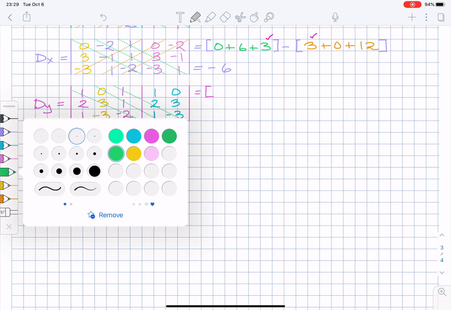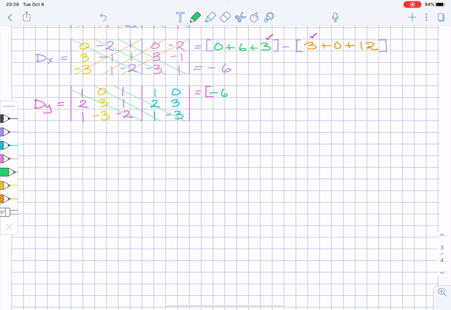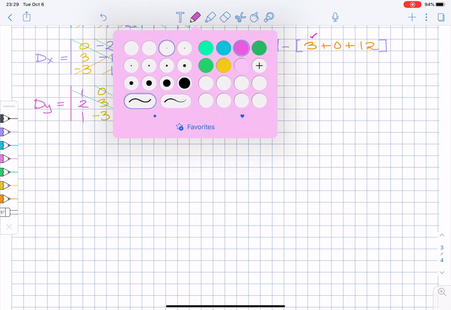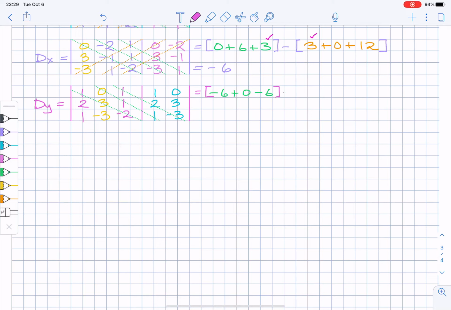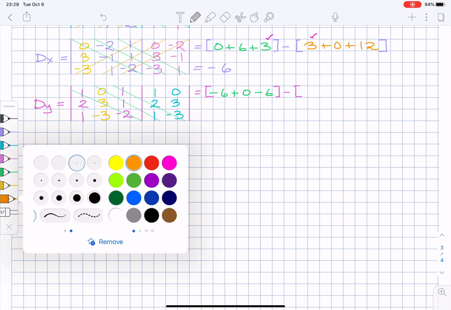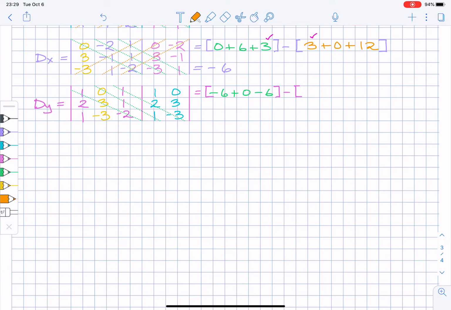So we get negative 6 plus 0, negative 6, or minus 6, from which we are subtracting the product of the alternate diagonal entries, which are going to be 3, minus 3, and 0.